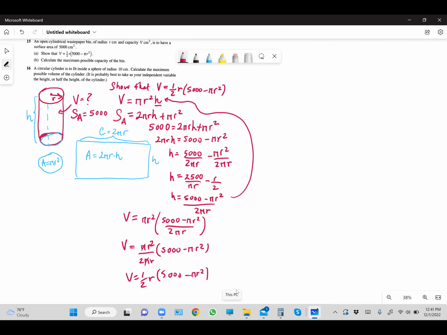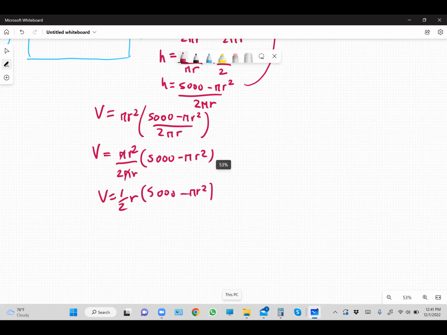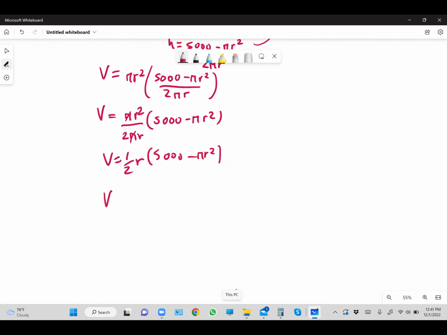So to wrap up that question, we would say V equals 2,500 R, and I'm going to distribute minus half pi R to the third. And so dV/dR is going to be equal to 2,500 minus 3/2 pi R squared.